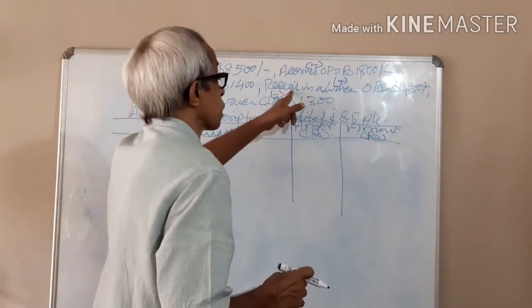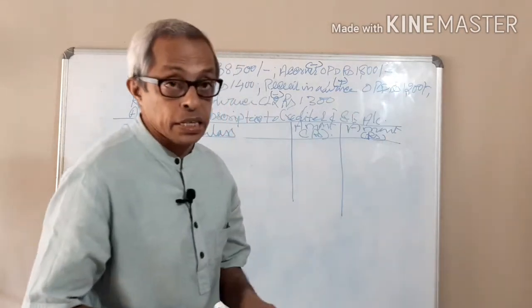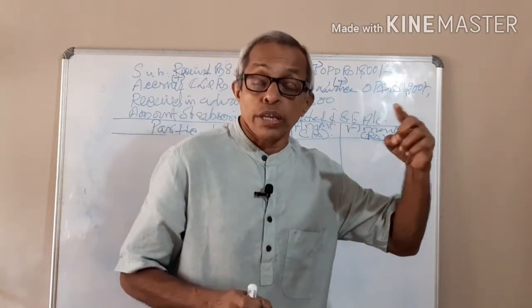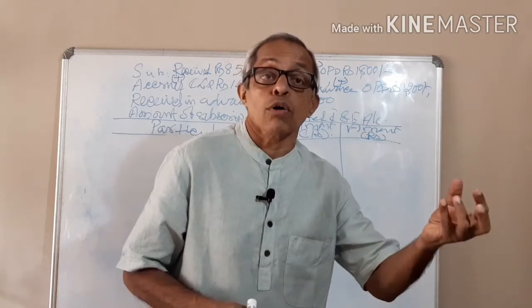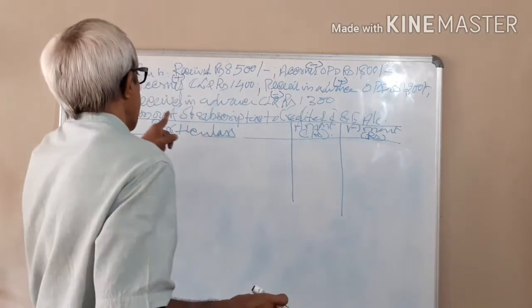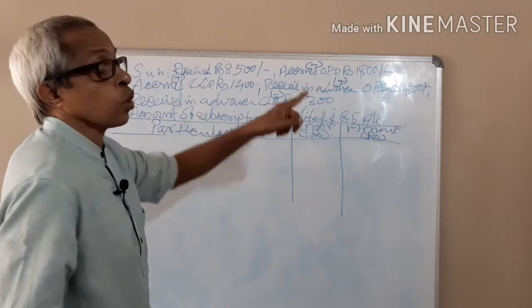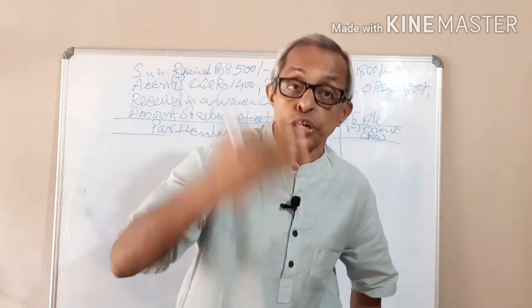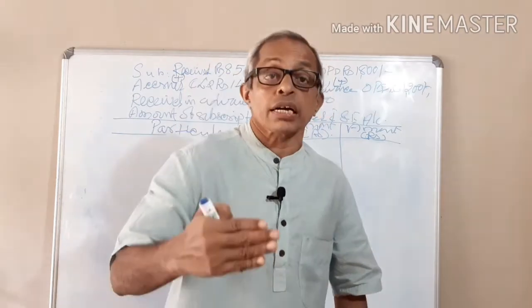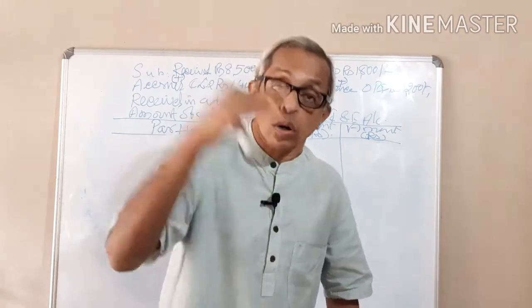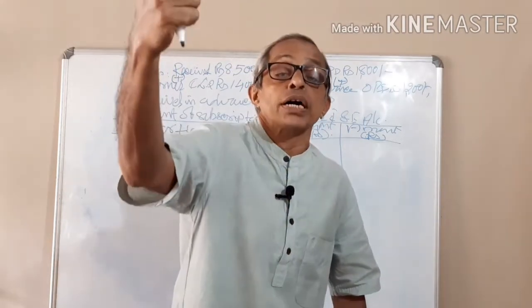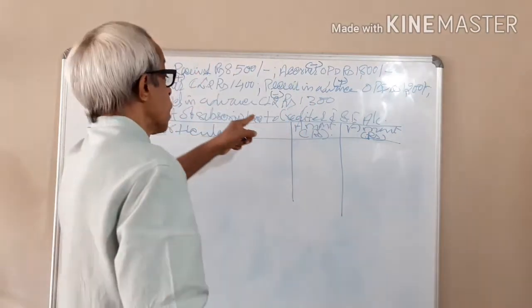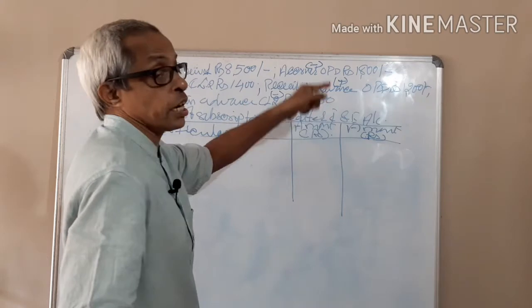And the subscription received in advance on the opening date means subscription received in advance on the closing of the previous year, and that amount belongs to current year. And the subscription received in advance on the closing date means subscription received during the current year, but that does not belong to current year, that belongs to coming years. That much amount should be deducted.